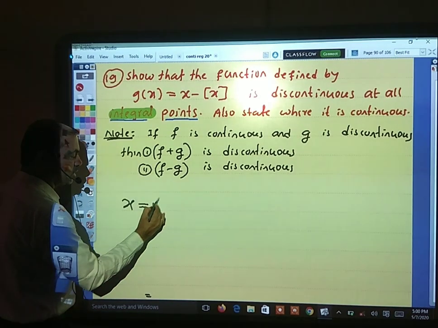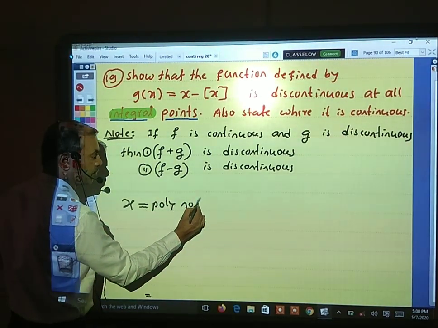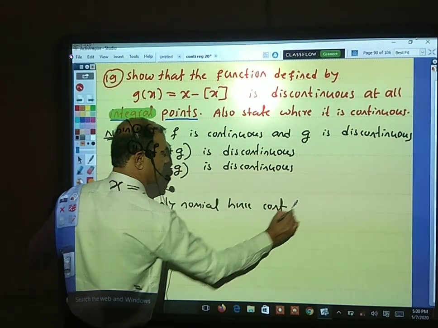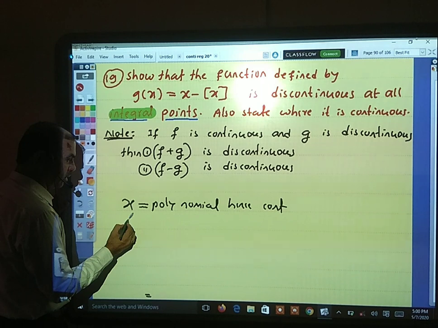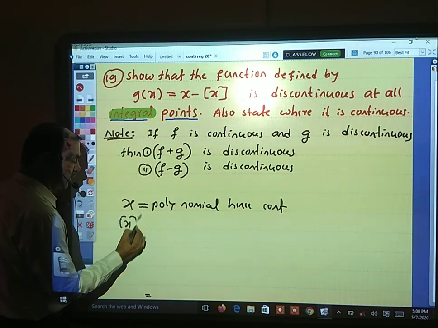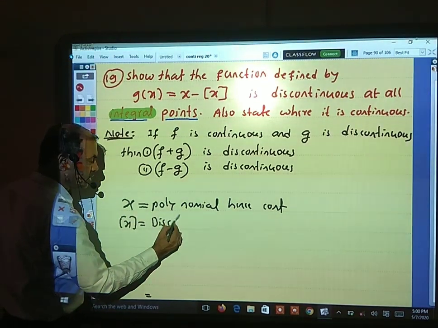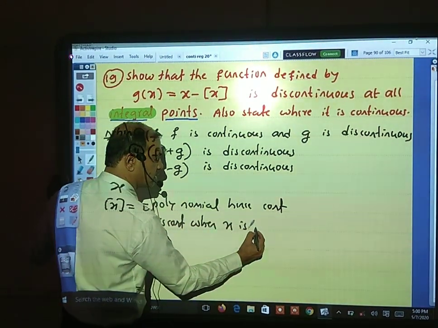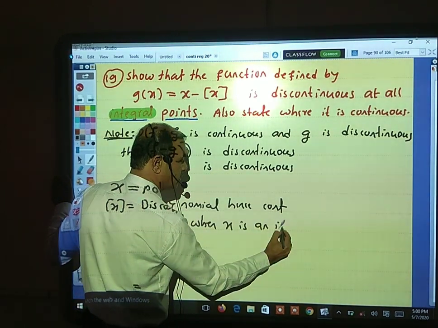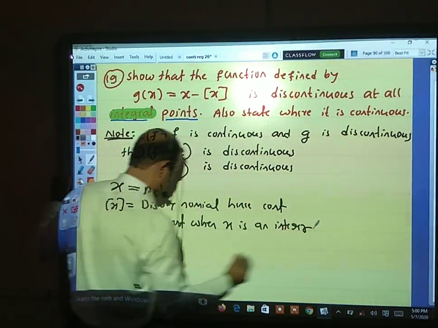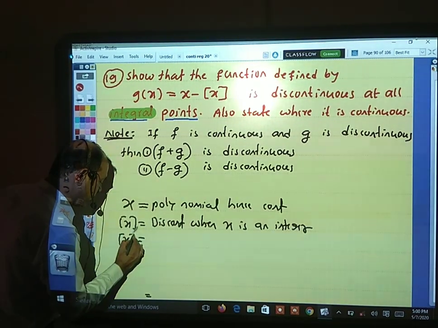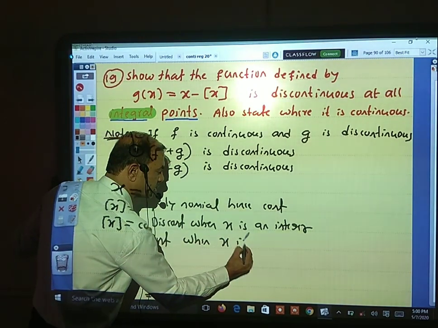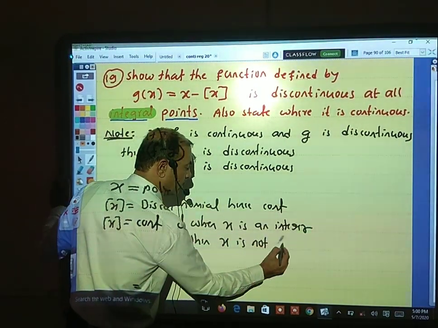Now see this. x is a polynomial function, hence it is continuous. And the greatest integer function is discontinuous when x is an integer, and the same function is continuous when x is not an integer.